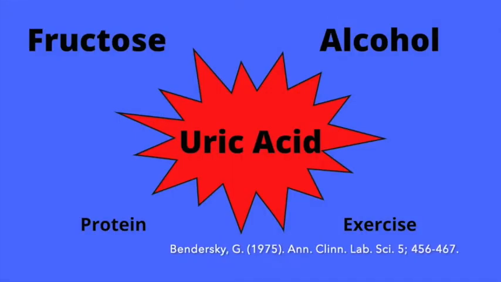However, once you have lowered the sugar and the alcohol, what are other contributors to uric acid levels in the circulatory system? Two remaining factors are the consumption of protein and exercise. When we consume protein, we get our protein from two sources: animal sources and plant sources.